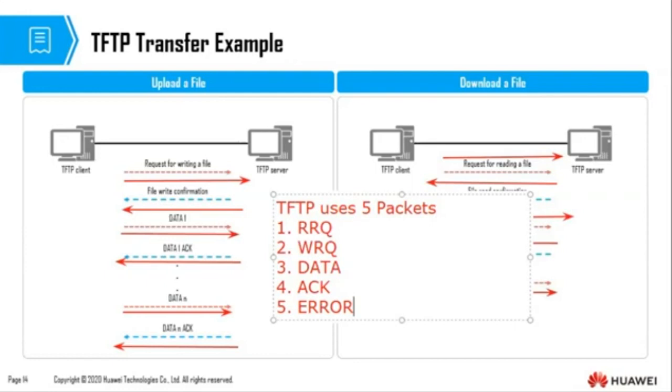Data is the packet for data transmission. ACK is acknowledgement. You acknowledge the receipt of data from your peer. Error is the error control packet.